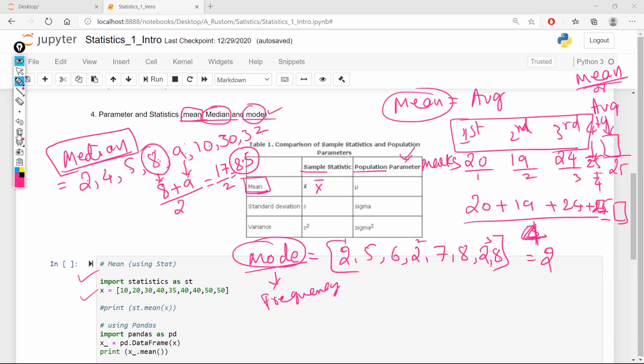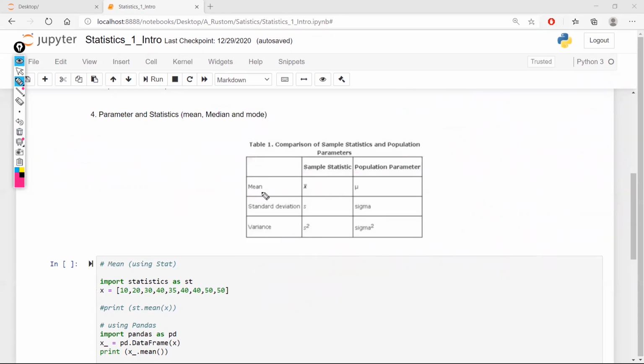All right. Now let's understand, as I said, a mean. If I'm going to take the mean of sample data, I'm going to represent it as X bar. If I'm taking the mean of an entire population, we have understood what a population is, then I'm going to represent it as mu.